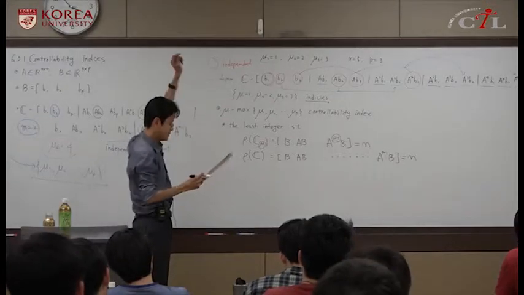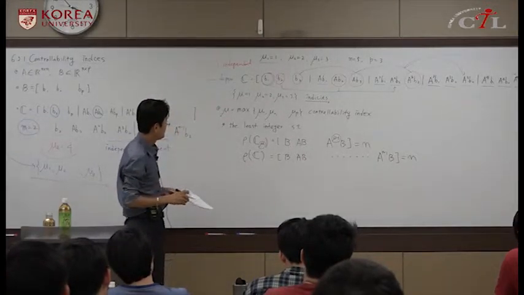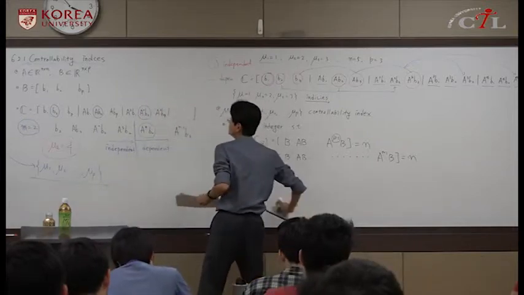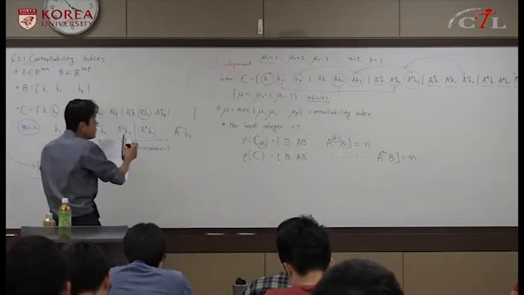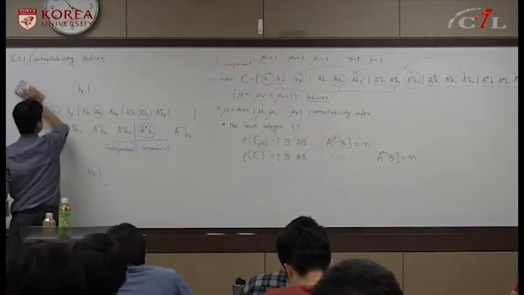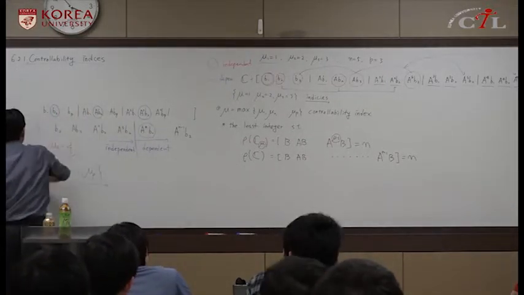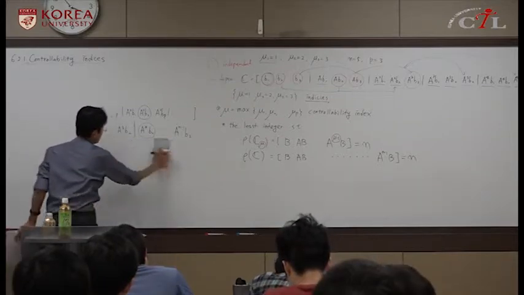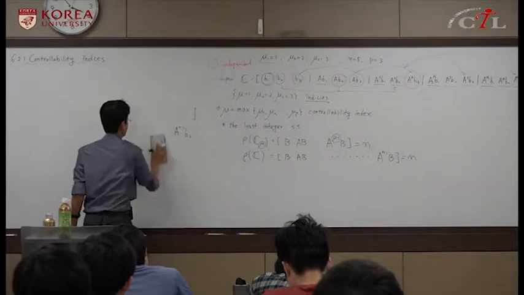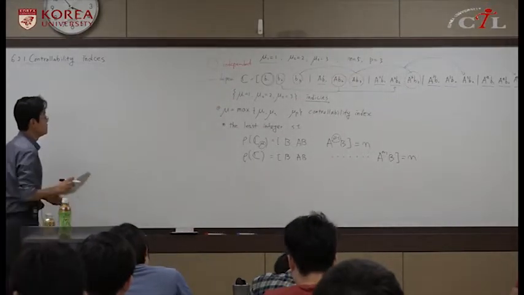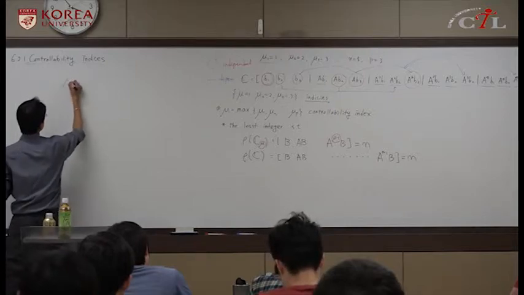Then the range of mu, let's think about the minimum value and maximum value of mu. Okay, mu can be bounded.